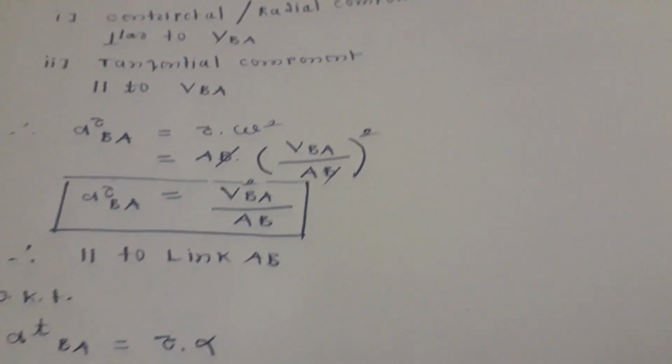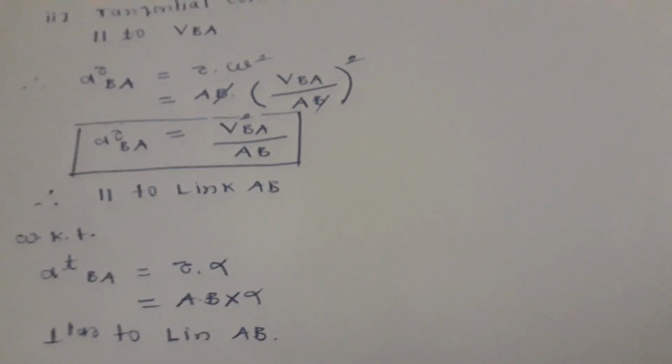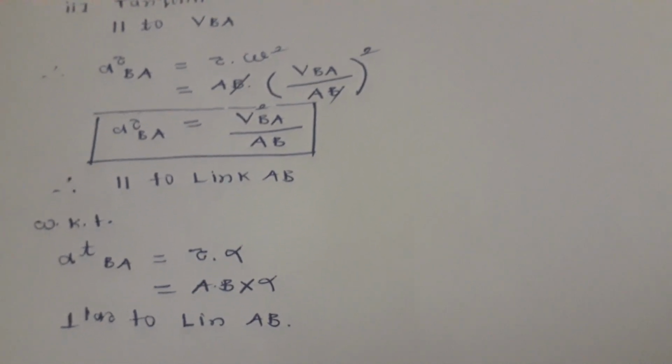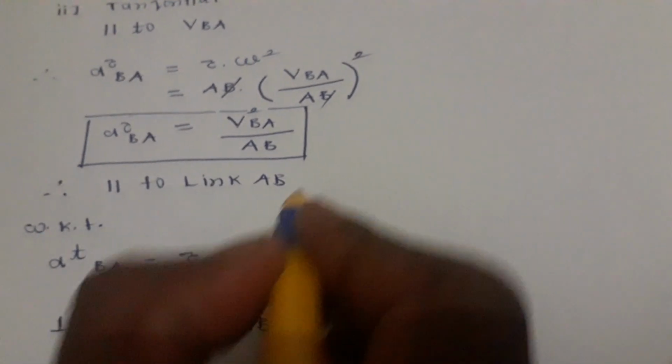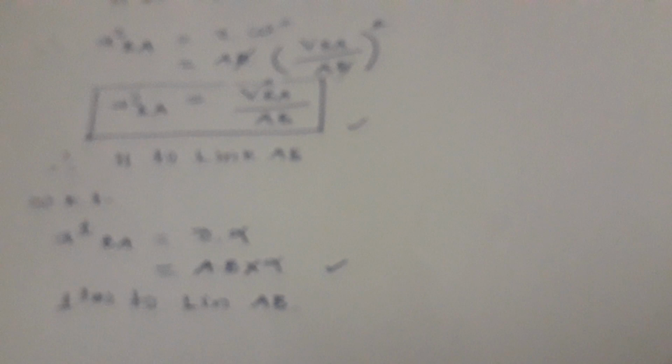Now in order to find the total acceleration, I have to draw the acceleration diagram. Once you get the magnitude, here is the magnitude of the radial component and here the magnitude of the tangential component. Let us see how we can draw this acceleration diagram.